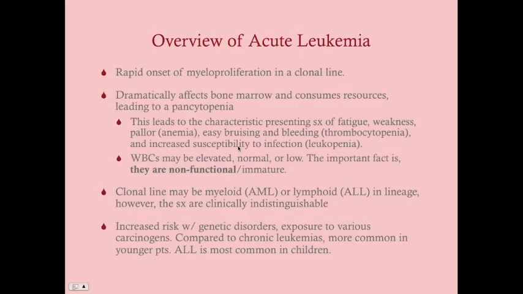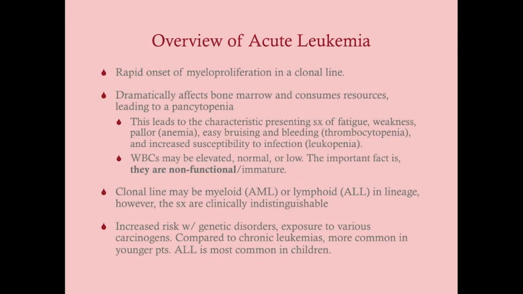Okay, so overview of acute leukemia. Unlike chronic leukemia, acute leukemia is a very rapid onset of myeloproliferation in a clonal line. Both acute and chronic leukemia are this myeloproliferation where we get a line of cells. Remember, a line being starting from the stem cell, going all the way to the mature cell of destiny.